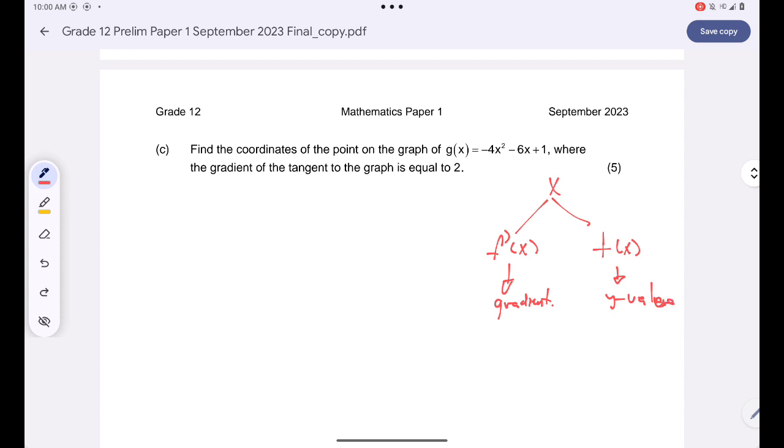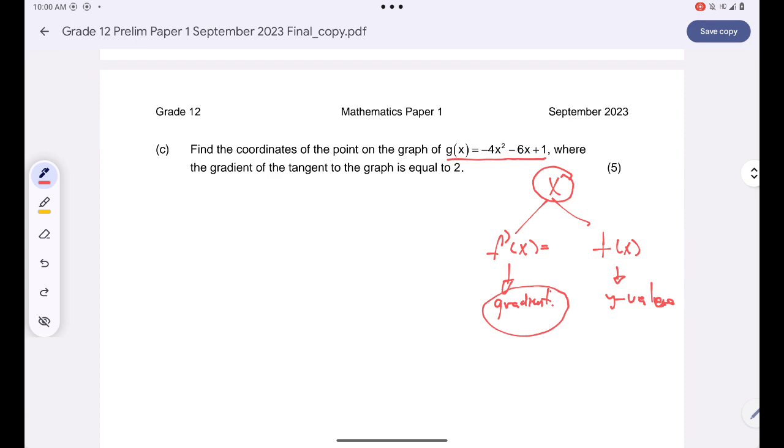Are you together? So now I have the gradient, guys. So if ever I take the gradient of my tangent equated to the derivative, this will give me an x value. After finding that x value, I can substitute it on the graph of g to find the corresponding y value, and that will be the coordinate.